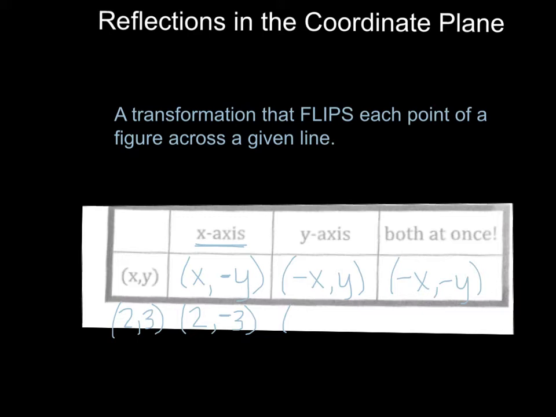So 2 is positive, it'd become negative 2, and the y would stay the same. So the y would stay a 3. If I flip it over both at once, if I flip it over the x and then the y, they both would become the opposite. So it would become negative 2, negative 3. We're going to look at that a little bit closer when it comes to graphs of certain figures.